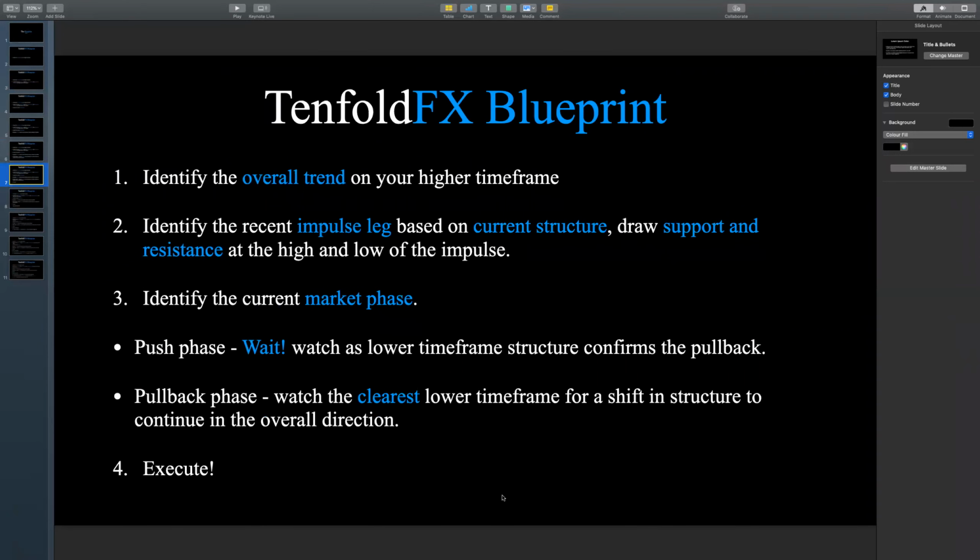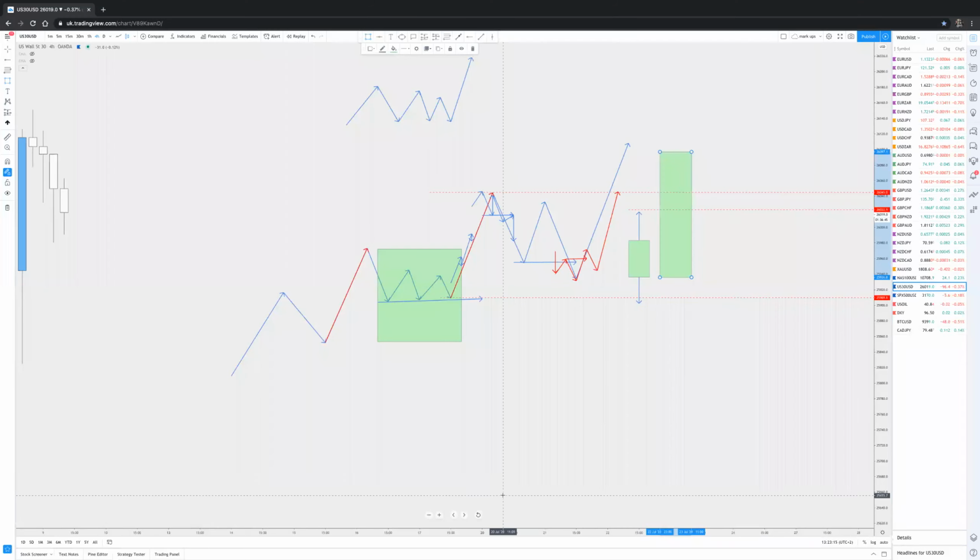Okay, let's go. Next one, execute. Like I just said, when you're looking for your confirmations, you can either take it on the bullish engulfing that you will find at these areas.